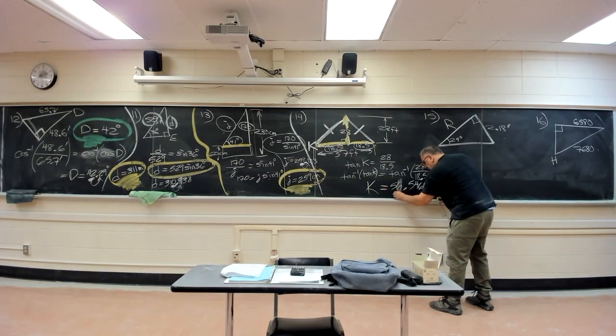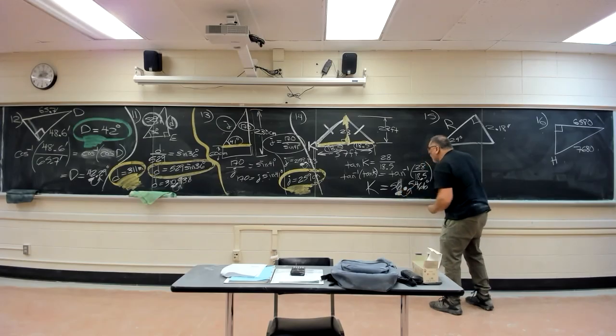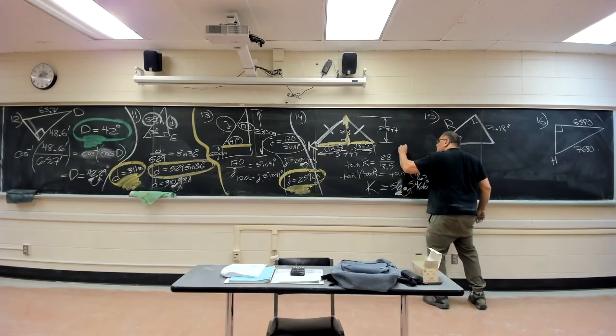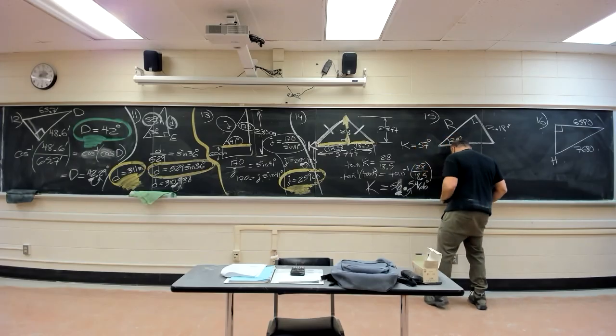Well, here's a 6. If it's 5 or more, you're going to round up. So k is equal to 57 degrees.